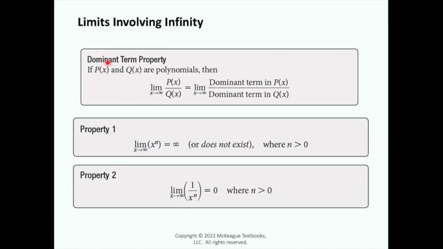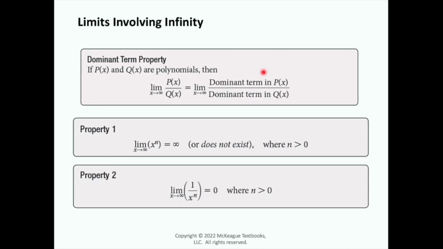So we have this property here. It says the dominant term property. And if we have a rational function where we have a polynomial on the top and the bottom, we want to use this property to help us figure out what happens as x approaches infinity. It means when we're finding limits, the dominant term is the part of the function that grows the fastest.